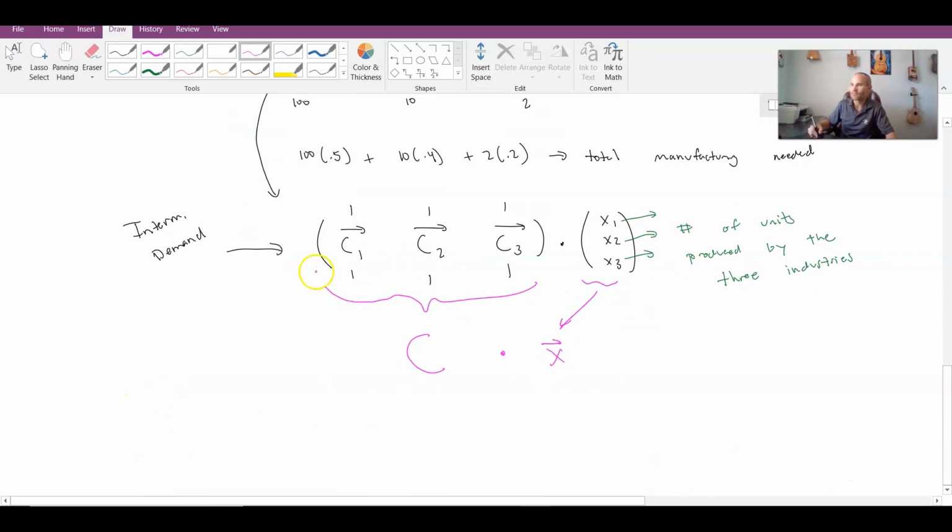So the final Leontief input-output model is of the form X is equal to C times X, the total consumption, plus the demand, the final demand required by the city or whatever we are serving with this industry. So in the next video, we'll get at how do we go about solving for this vector X.